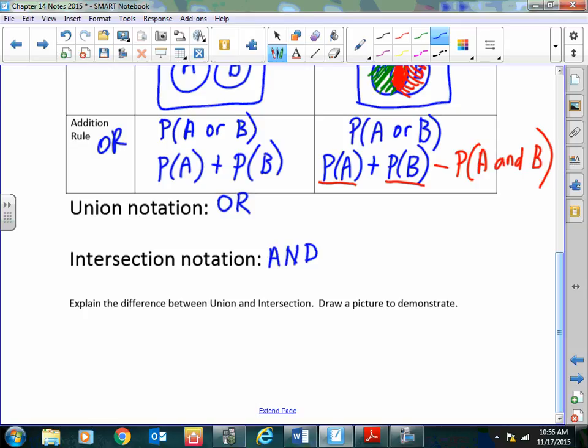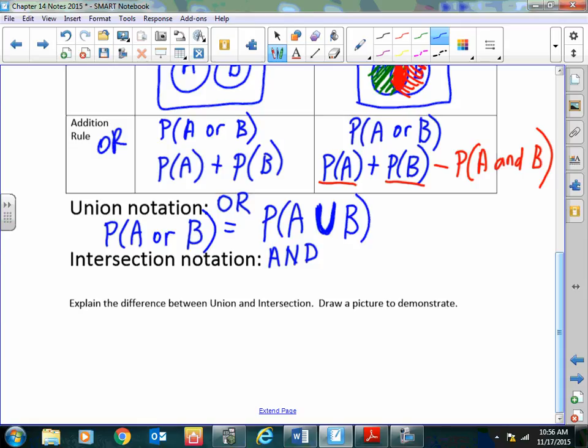So our union is going to be when I say the probability of A or B is the probability of A union B. And I know that y'all have been using some of that notation in your pre-cal when you were doing domains and stuff. And that's easy to remember because it looks like a U, so that's nice.